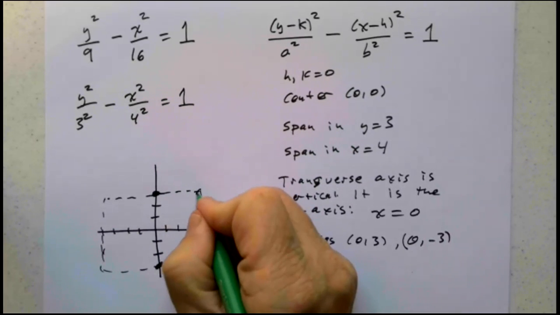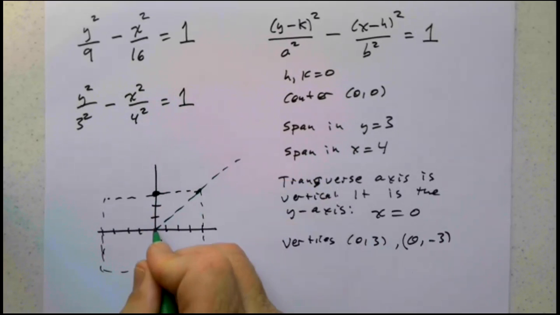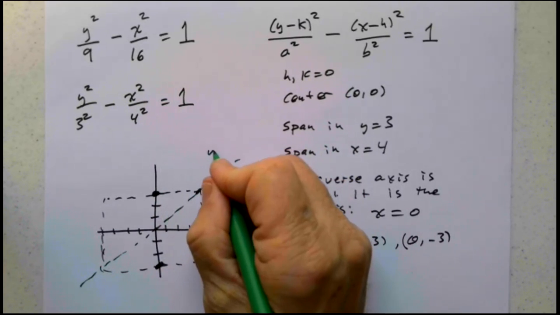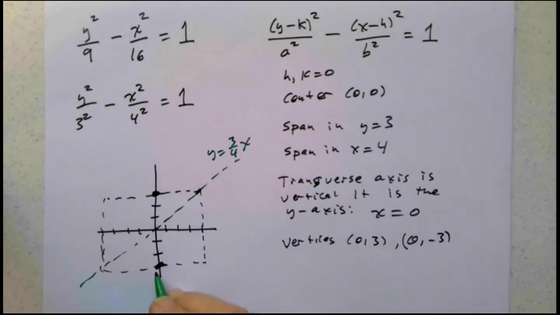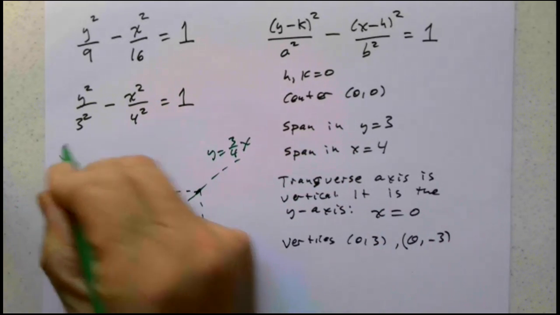The first asymptote here, up 3 over 4, continuing that direction would be y equals 3/4 x. Similarly, down 3 over 4 to get here would give us y equals negative 3/4 x.